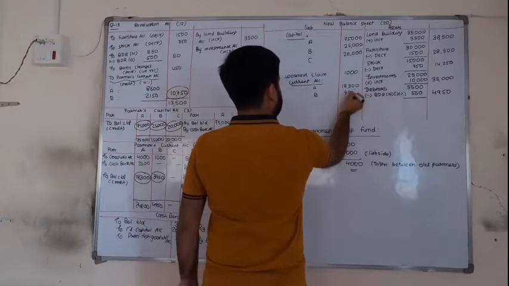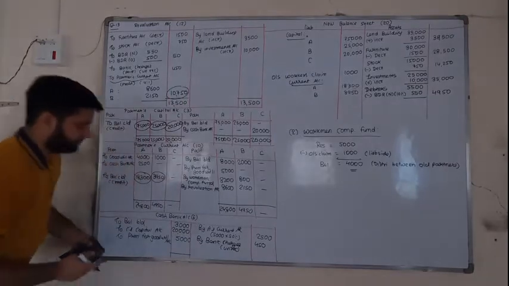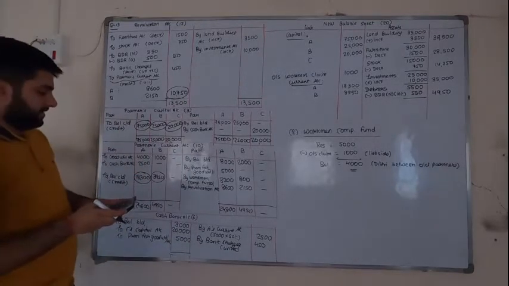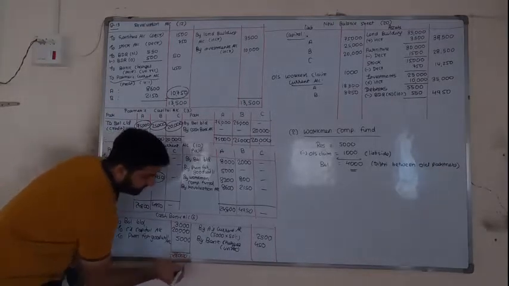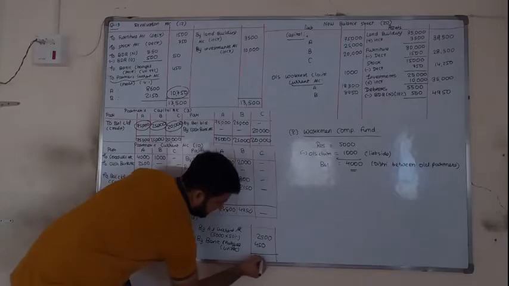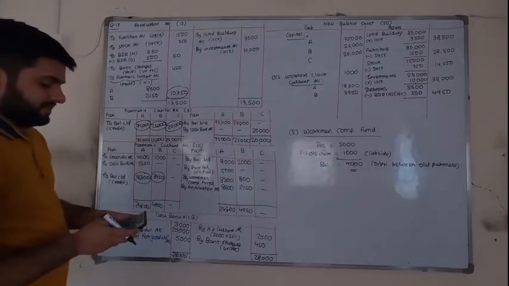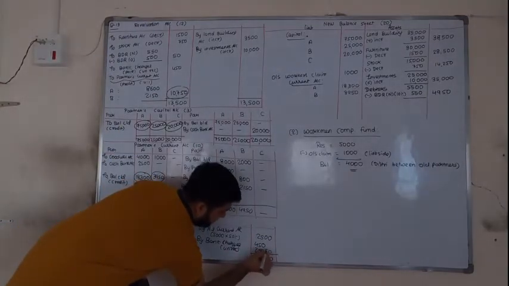18,300 and 3,950. Then for cash bank, 3,000, 20,000, 5,000, 28,000, 28,000 minus 2,500 minus 450, 25,050.